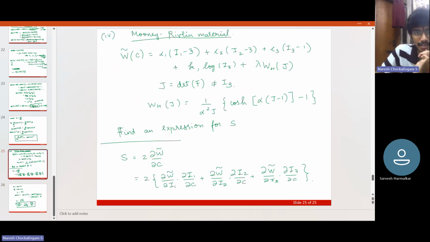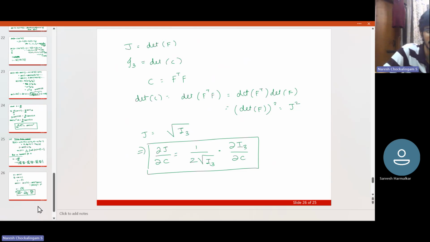Now let us differentiate this. So W is given by this function. Let me rewrite that.